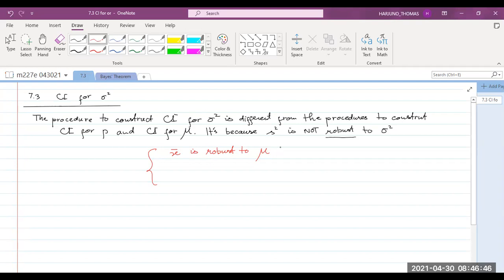As the sample size increases, the margin of error decreases.